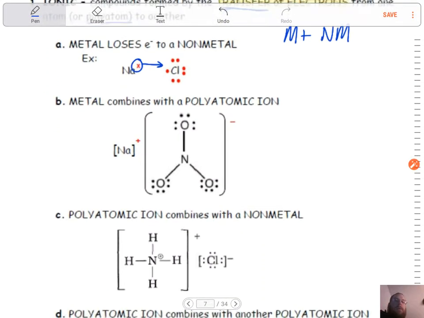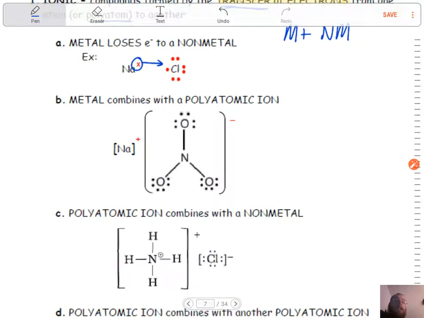The next type is the same thing, but it's where a metal combines with what's called a polyatomic ion. Now, we have not discussed those yet. In our next unit, when we start naming compounds, you've got a whole list of polyatomic ions that you're responsible for knowing, but we'll talk more about it now. The biggest thing you're going to see with a polyatomic ion is they've got parentheses around them.